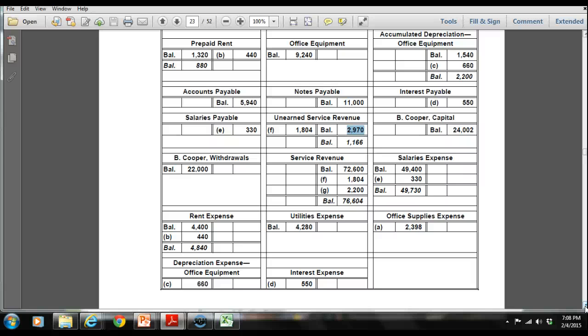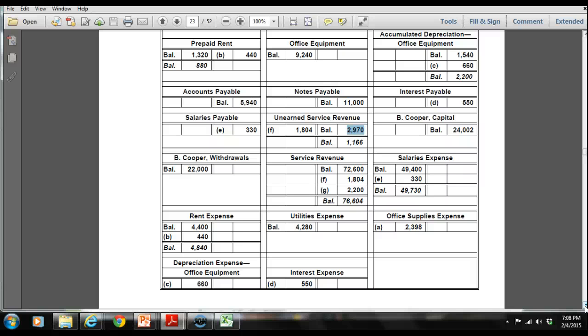Rent expense, same thing, a debit balance, and then we had an adjustment to give a new ending balance for rent expense of $4,840. We didn't do anything with our utilities expense. Our office supplies expense, we didn't start with a balance, we just added one item, so that's our ending balance. Then depreciation expense on the office equipment, we created an adjusting entry, which gives us a new balance there. And then interest expense, we have a new balance there of $550.